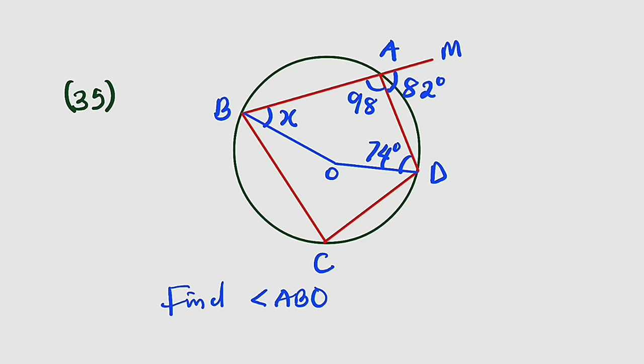And another theorem you should remember is that the opposite angles of a cyclic quadrilateral are supplementary, meaning if you add them together, you must get 180. You can see that this is a cyclic quadrilateral because all the vertices are touching the circumference. Therefore, this angle and this angle must add up to 180 degrees, which implies that this angle right here must be 82 degrees, because this and this give us 180.